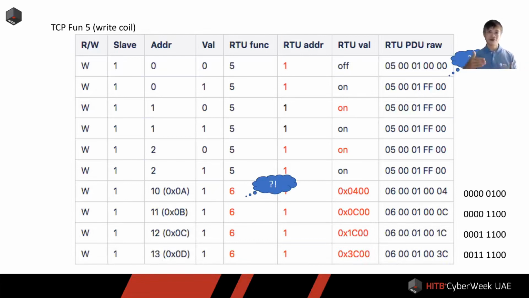Then you just increment the address all the way to 10, 11, 12, and 13. And you notice, wait, why is function 6 triggered? We're just flipping the bits on and off, and it should have nothing to do with function 6, which deals with the holding registers.